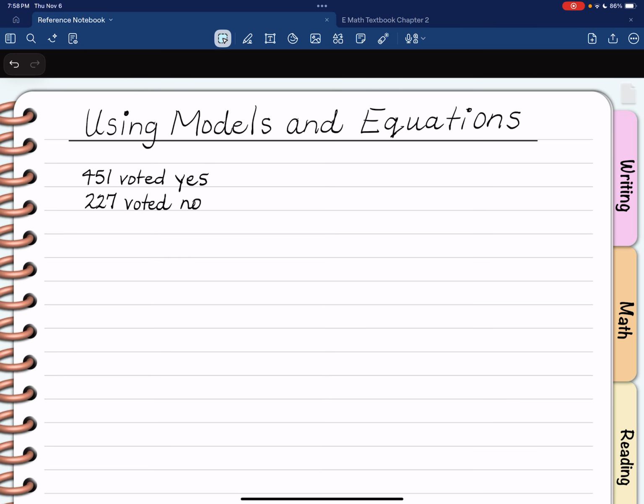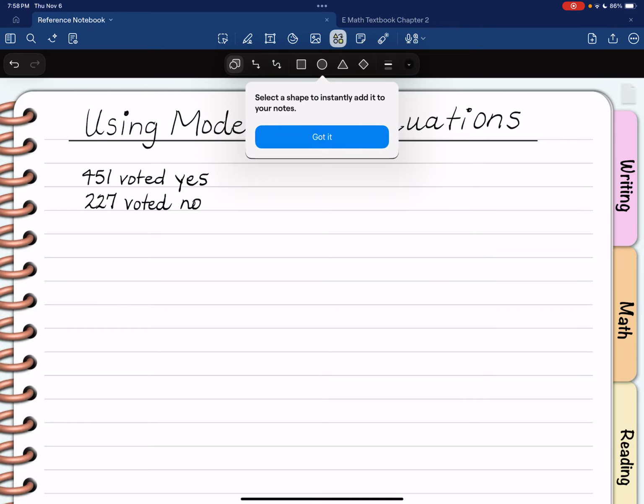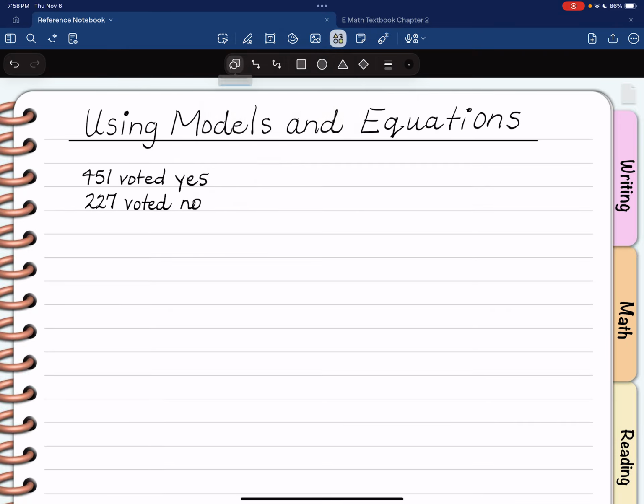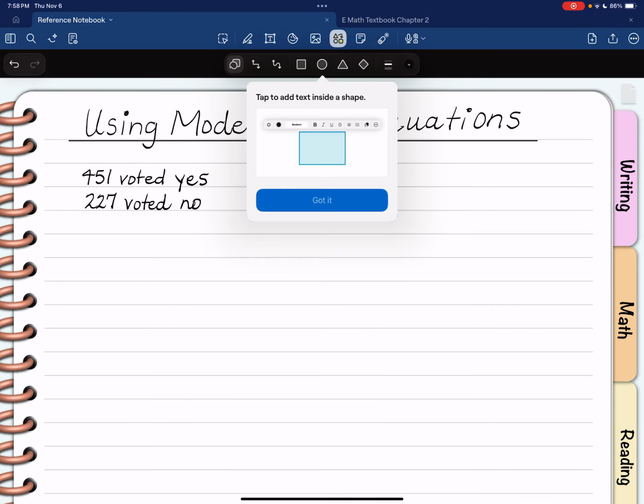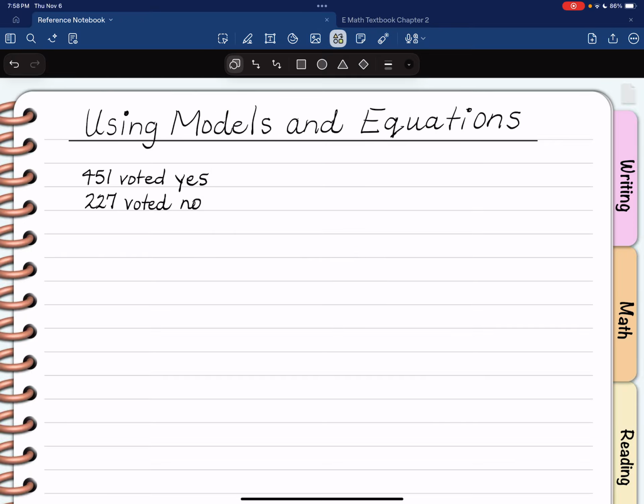So let's take a second and think. Which of those groups of people was larger? Was it the yes group or the no group? It was the yes group. So I'm going to draw a bar. I'm going to make a bar right here.